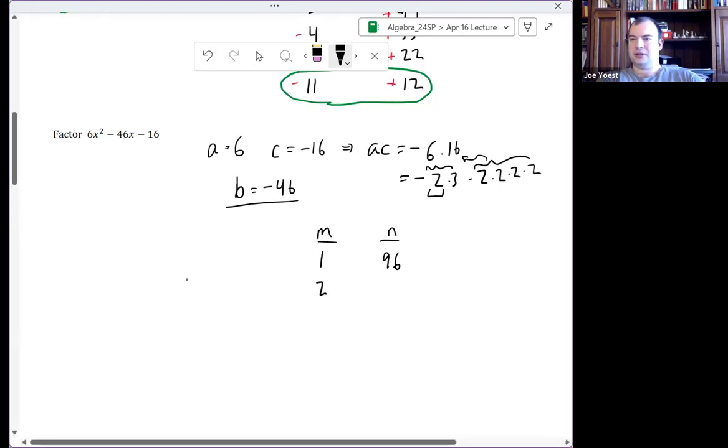If I get rid of this 2, I have 2 to the 4th, or 16, times 3 is 48. 3 is a factor. If I get rid of this 3, that leaves me with 2 to the 5th, or 32. 4 is a factor. That gets rid of 2 of the 2's, and I have 2 cubed is 8, times 3 is 24.